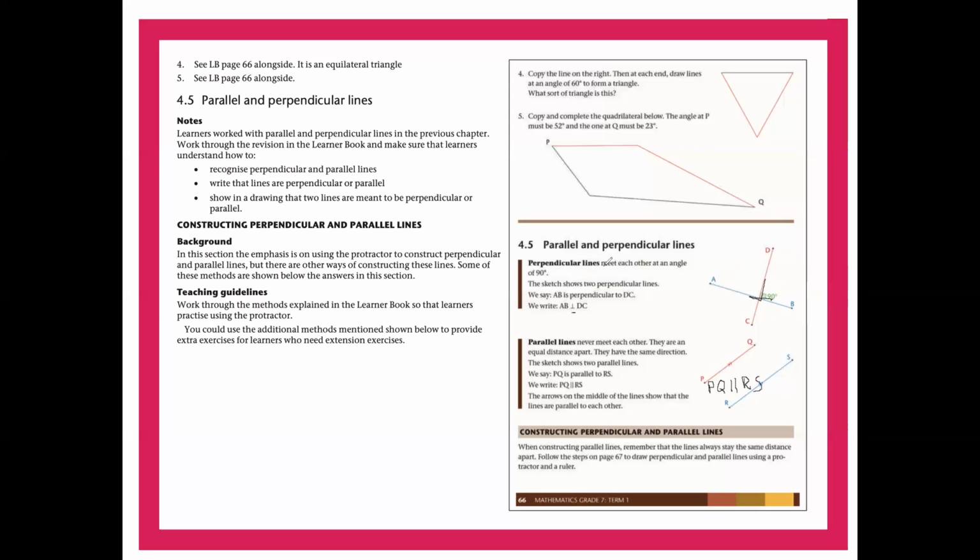So perpendicular lines have a 90-degree angle between them, and parallel lines have the same distance between them and never meet each other. That is basically the difference between parallel and perpendicular.